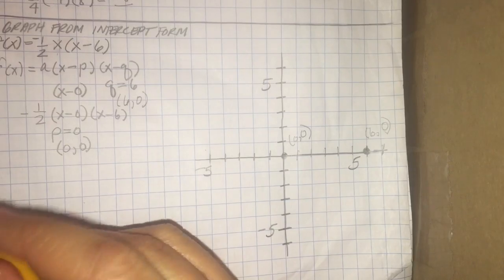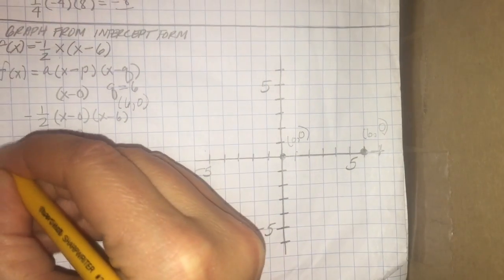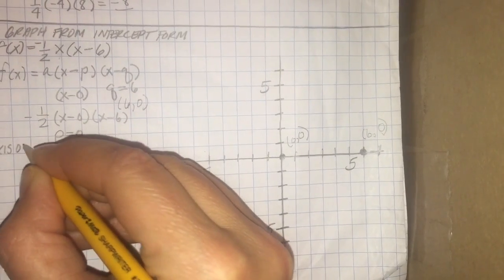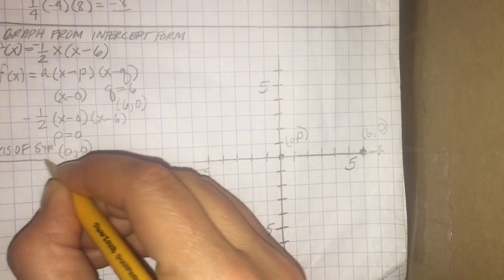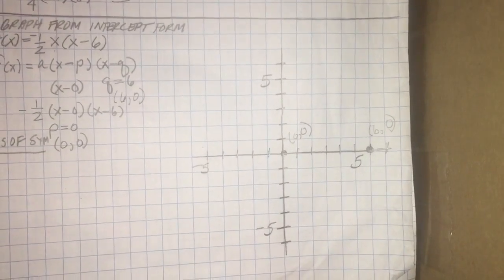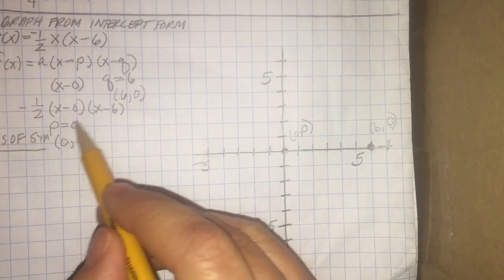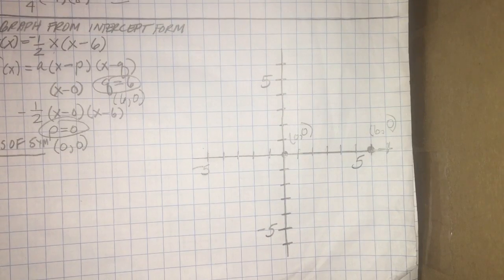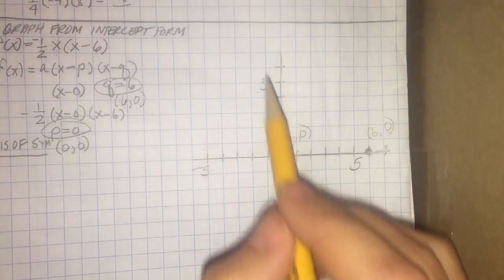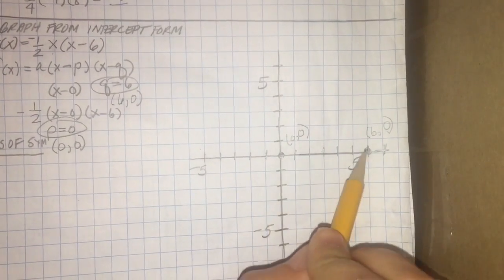After you find the x-intercept, remember the next thing you're going to do is find the axis of symmetry. I'm going to find the axis of symmetry using my p-value and my q-value because I know the axis of symmetry runs exactly halfway between my two roots.